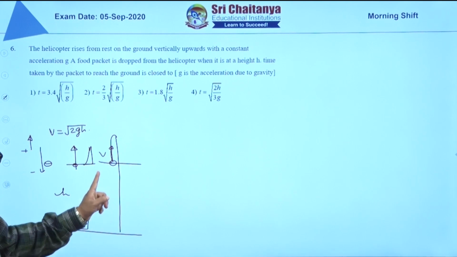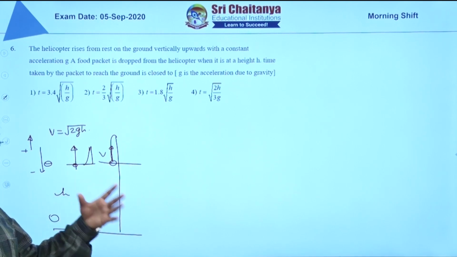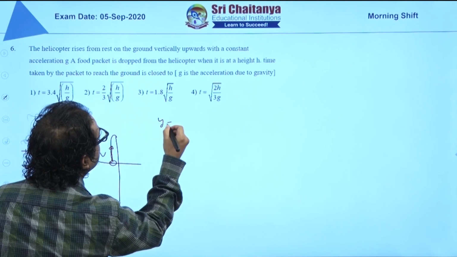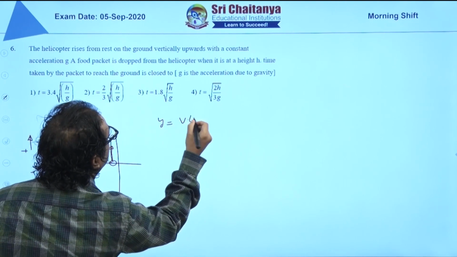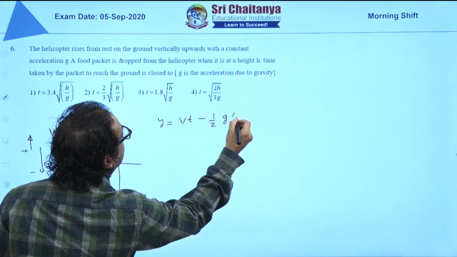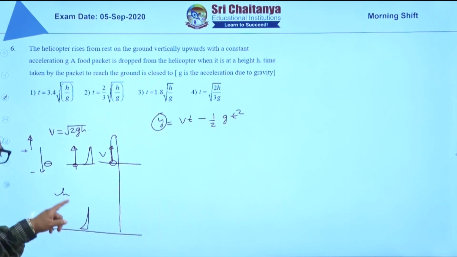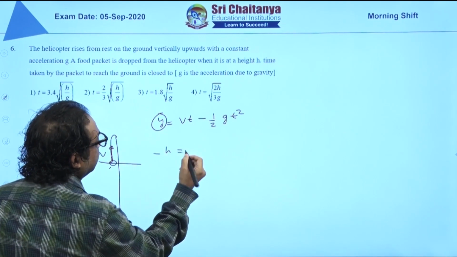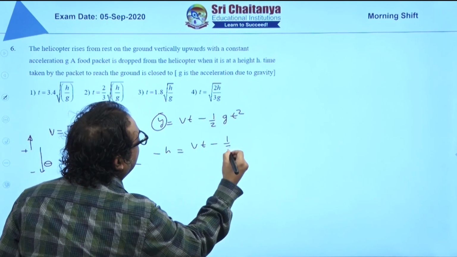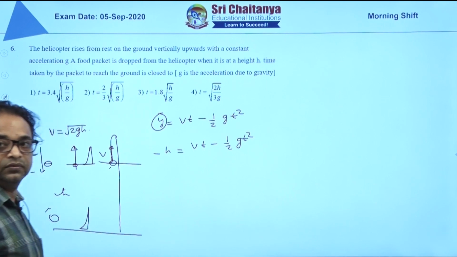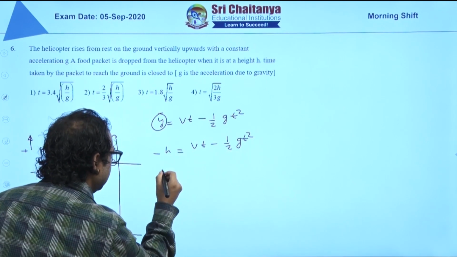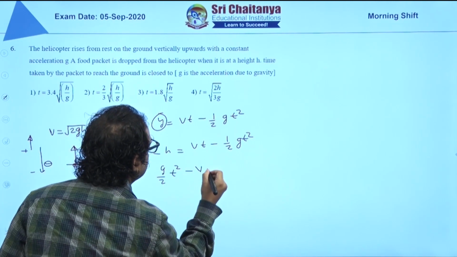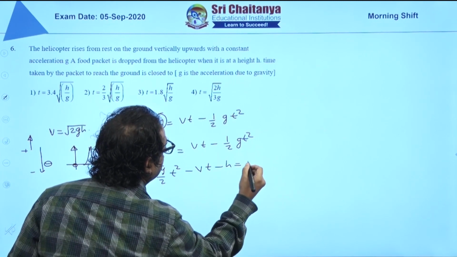So, basically we can write s is equal to ut plus half at square, that formula we know. So, that is y is equal to Vt minus half gt square, and y value we will write to be negative h, because this is the origin we are taking. So, negative h equals Vt minus half gt square, right. So, you can put it here, g by 2 t square minus Vt minus h equal to 0.